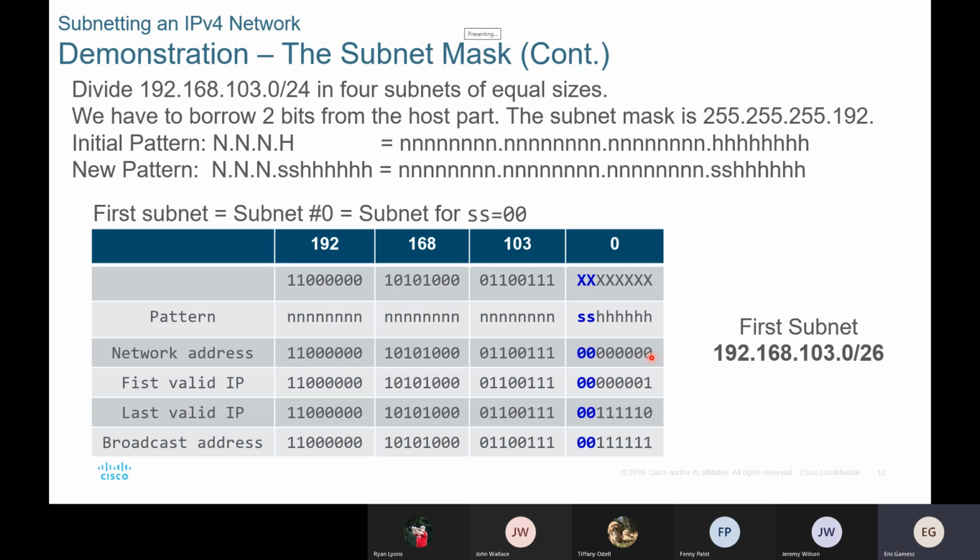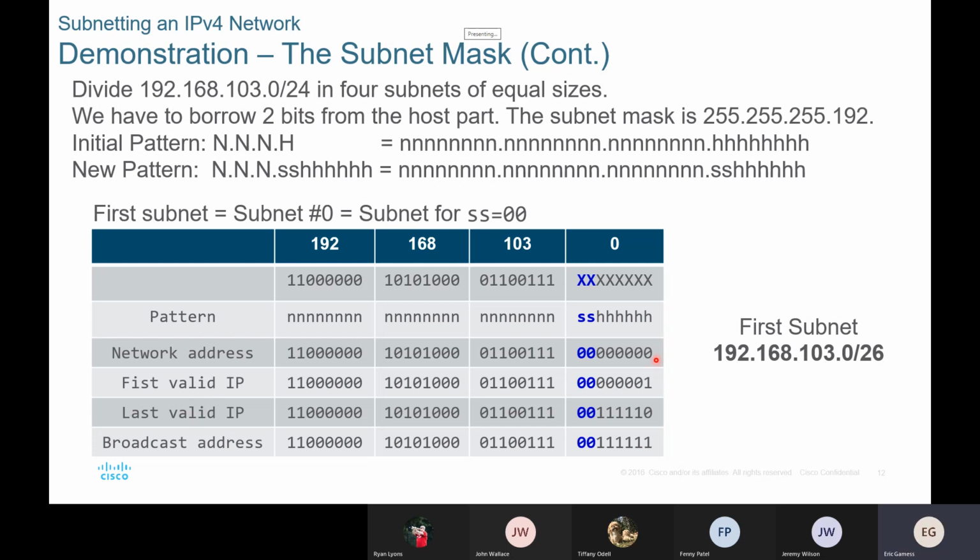Now, if I want the broadcast address, the broadcast address is the last one of the subnet. What should I do? I put all the host bits, which are 6 bits, in 1. So if you put these 6 bits in 1, what will this number be? 63. So I go from .0 to .63. And of course, the first valid address has to be one IP address after .0.